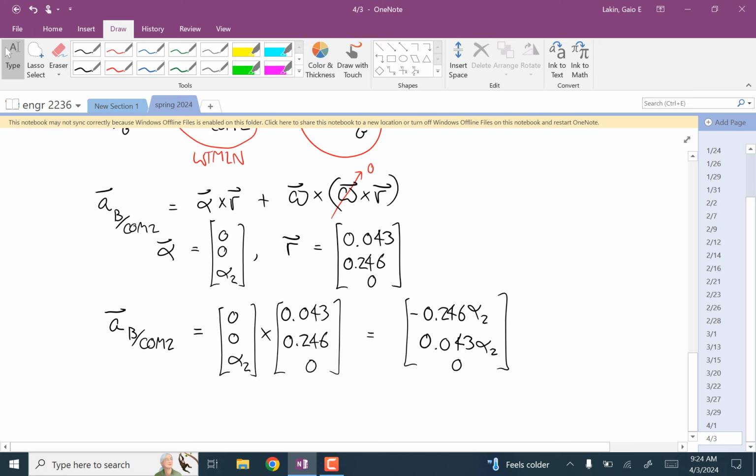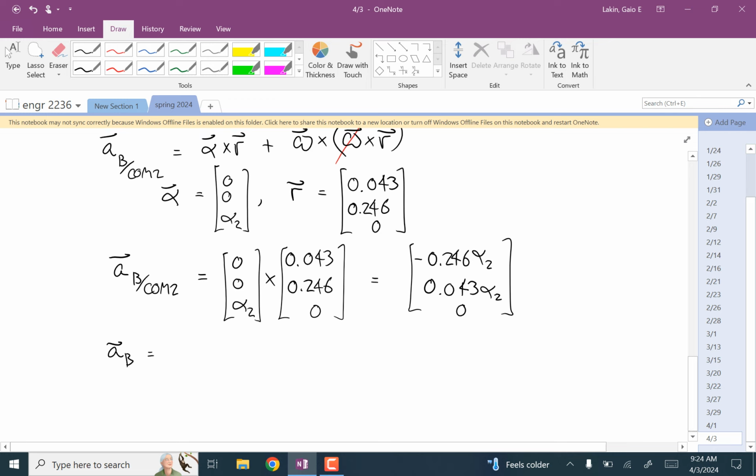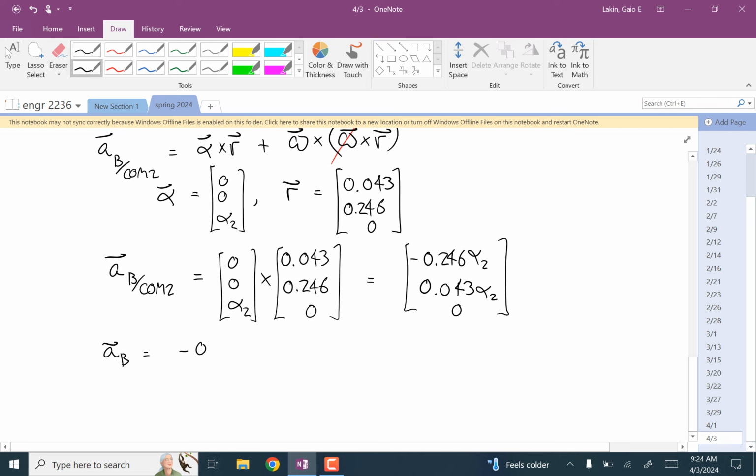Well, now we have to use relative motion, so the acceleration of B according to member 2 is negative 0.246 alpha 2 plus a2x. We're just adding on now the acceleration of the center of mass. And then 0.043 alpha 2 plus a2y.